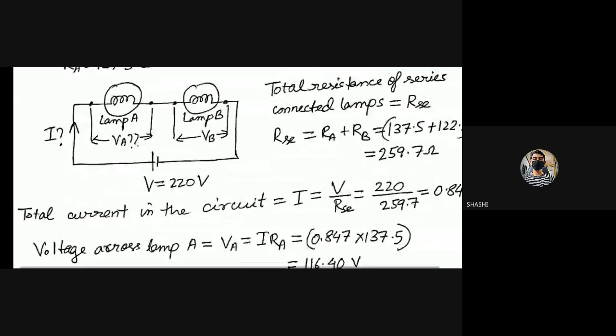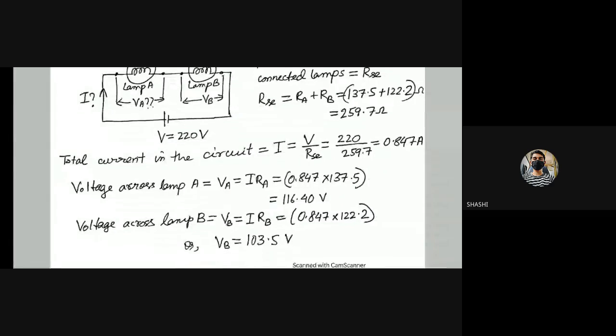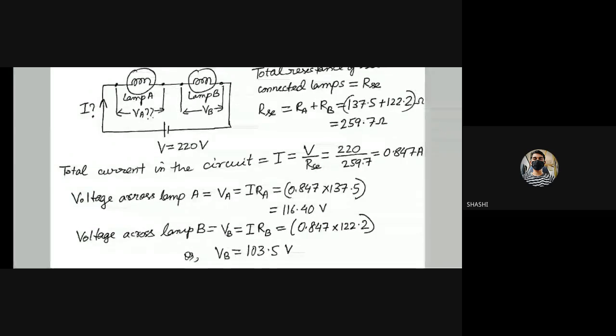I am just scrolling, and although you should solve it by yourself, this is how the voltage across lamp A and lamp B can be calculated. Isn't it simple? But it is Ohm's law only; without the circuit, using the problem statement, you have to draw the circuit.